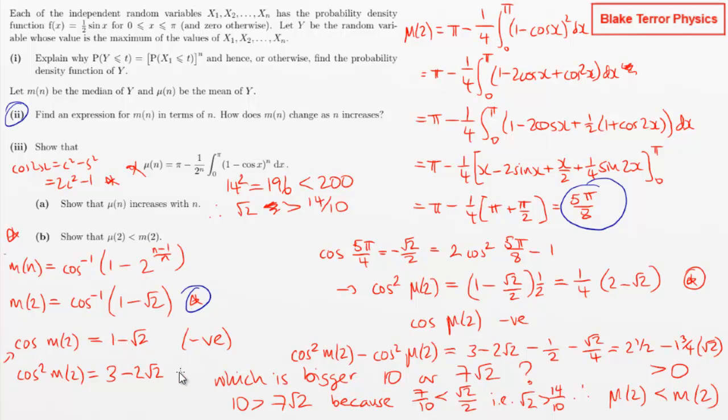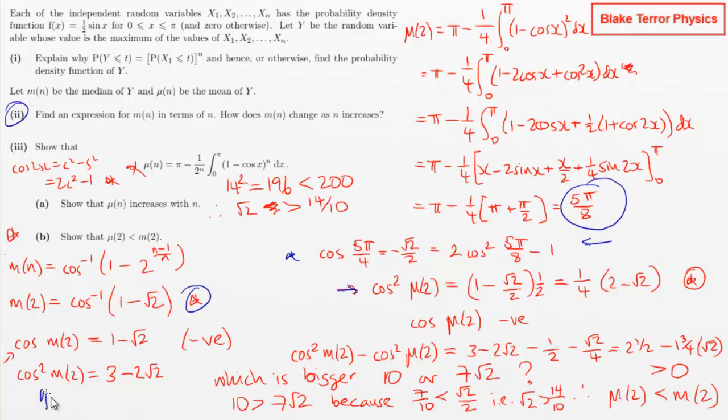So I've got cos of m2, and then I want cos of mu2. Now I can only get cos of mu2 by working through a double angle, because I don't know how to do cos of 5 pi over 8, but I do know how to do cos of 5 pi over 4. So this gives us a cos squared from the double angle formula, which means I've got a cos squared mu2.